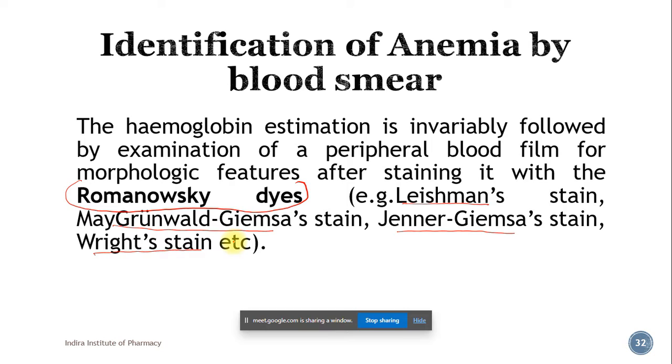There are many members of this group, and any of these stains can be used for the identification of anemia. The most commonly used are the Leishman stain and the Giemsa stain.